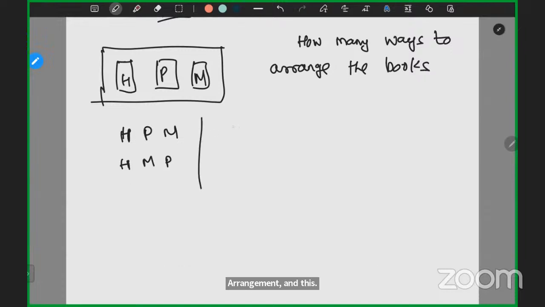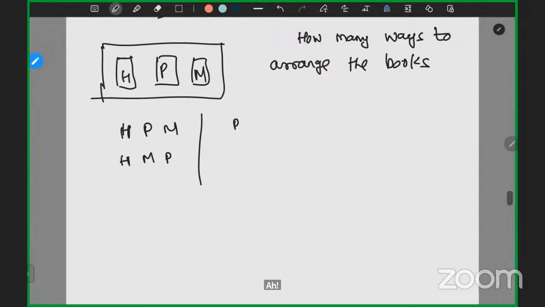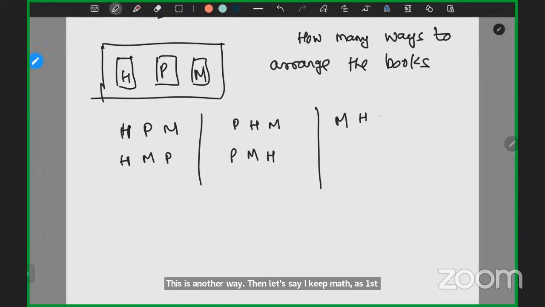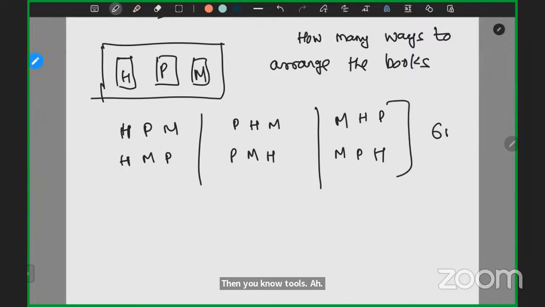Then let's say I pick physics as the first book. Then I can arrange this way, PMH. This is another way. And let's say I keep math as the first one, and then choose P. So it's very easy. This is like 6 ways. Total 6 ways I can arrange them.